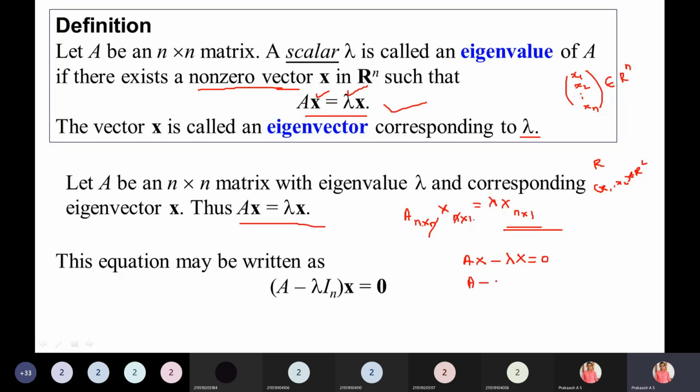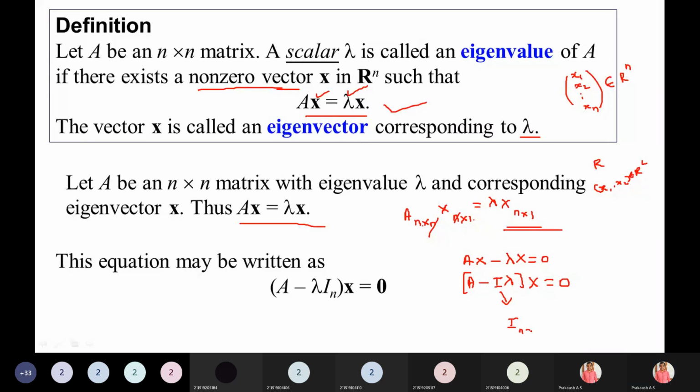A minus lambda. Lambda is only a scalar, it is not a matrix. So for that, I take lambda I, where I is the identity matrix of the same order as the matrix A. What is the order of the matrix A? It is n by n.